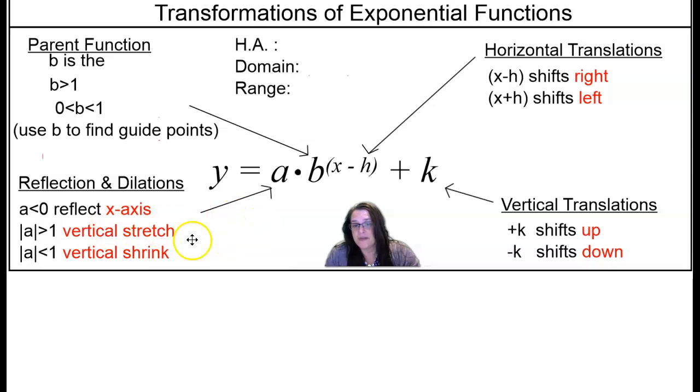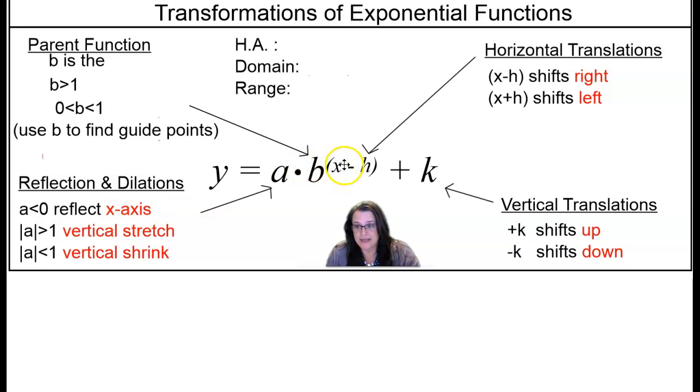In our previous parent graphs, when we did transformations earlier in the year, we also had another variable in front of the x, and that was a c, where we would use that to identify horizontal stretch and shrink and reflections in the y-axis.